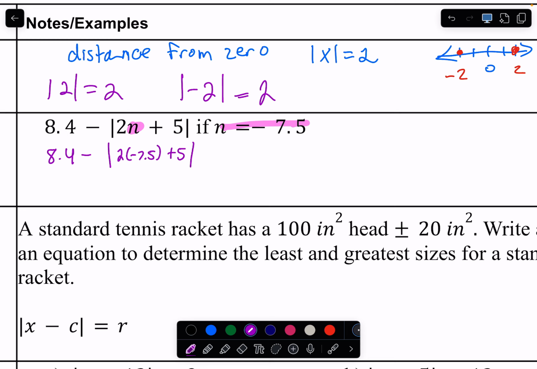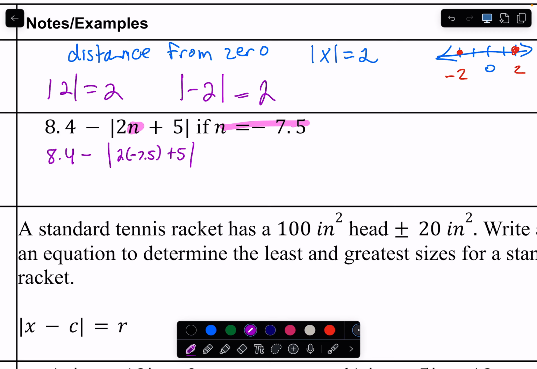Now, the thing that you want to remember is you want to consider this like a grouping symbol in Please Excuse My Dear Aunt Sally. So we need to take the absolute value of the entire answer, not the pieces of it. Because you can end up messing up your algebra if you try to make everything positive and then get an answer. No, it is the positive version of the entire thing.